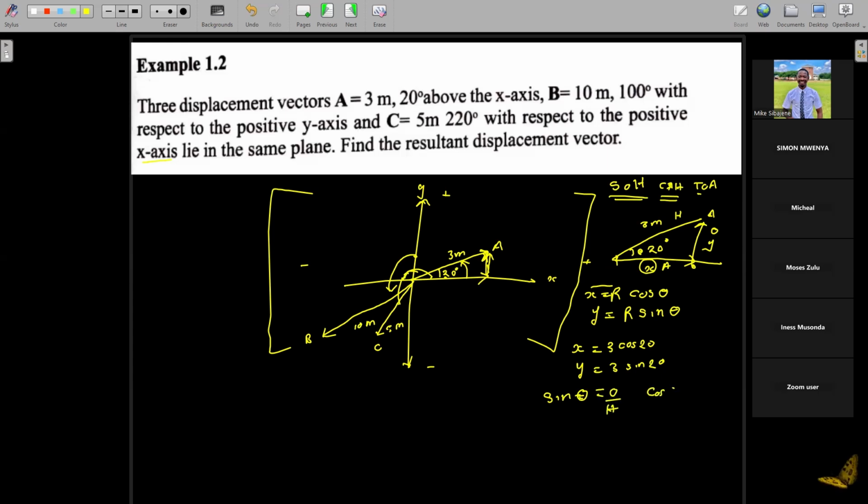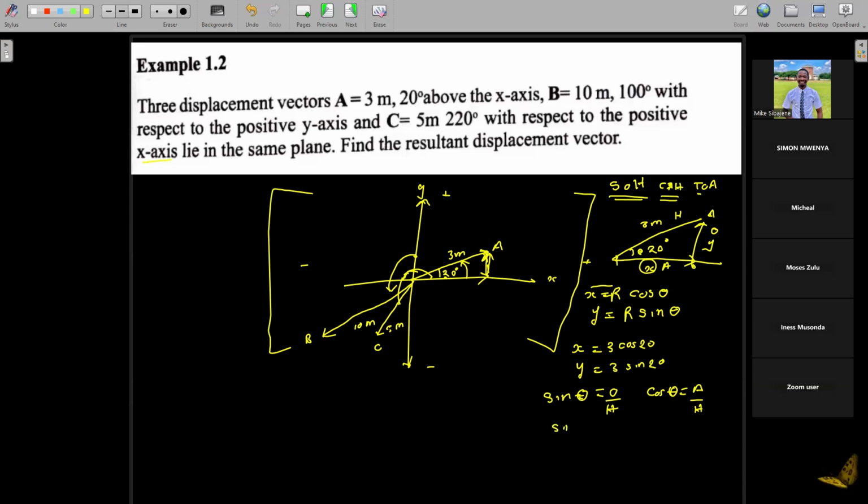Cosine theta is equal to adjacent over the hypotenuse. The opposite is the y component and the adjacent is the x component.